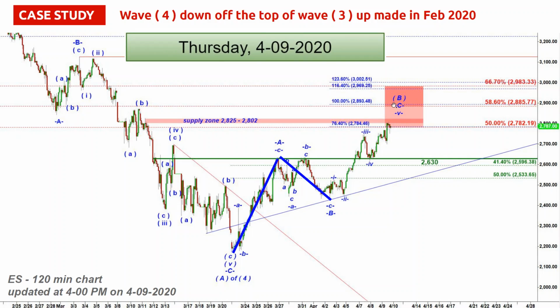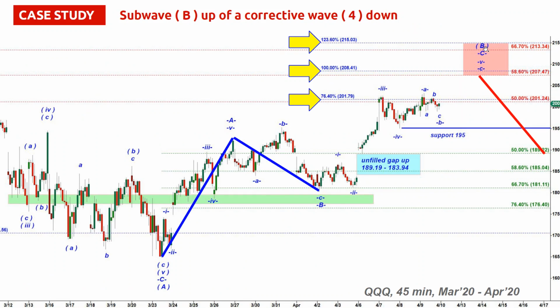Yes, we have the very same A up, we have ABC of B down, and we have an impulsive structure of the final push higher in subwave C of a larger wave B up. But as you can see, that particular fractal does not look completed. To complete it, we still need to complete that microwave 5 that starts from here, and it should be subdivided as A up, B down, and C up.